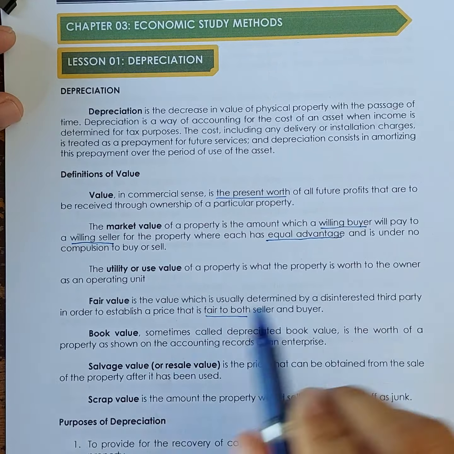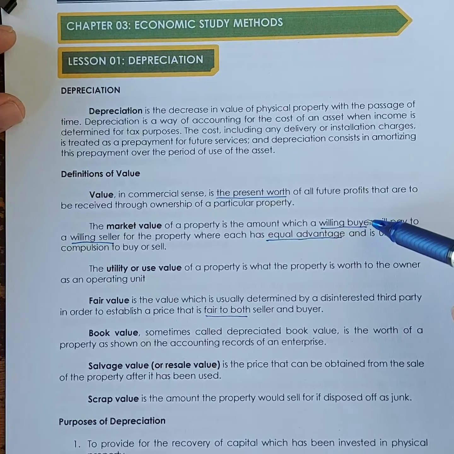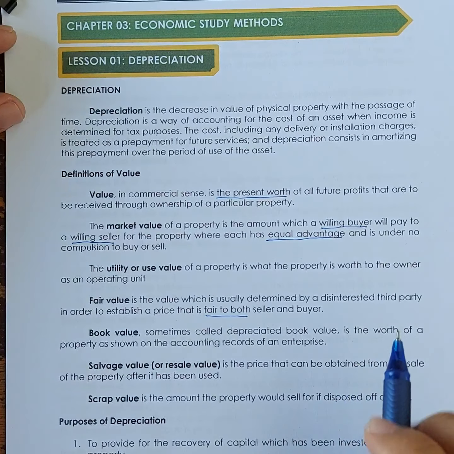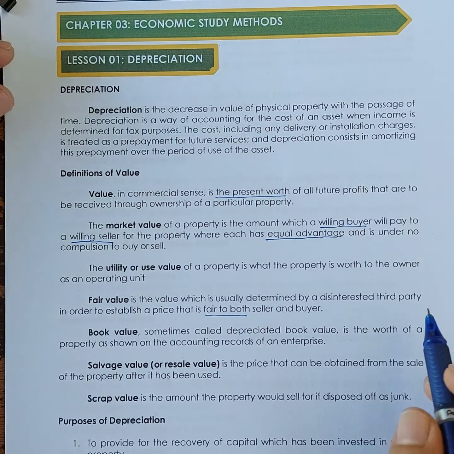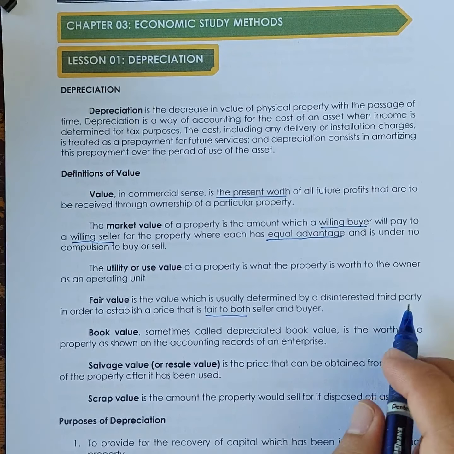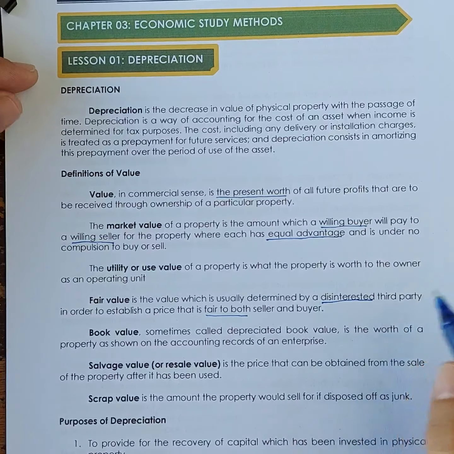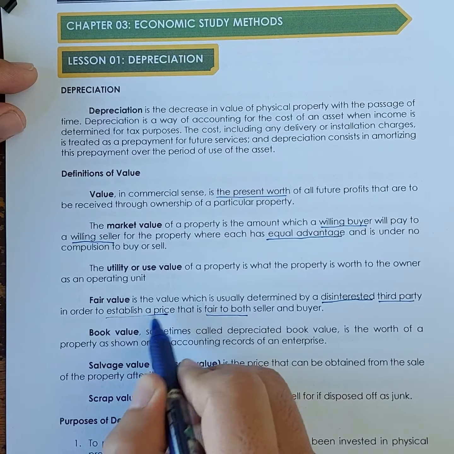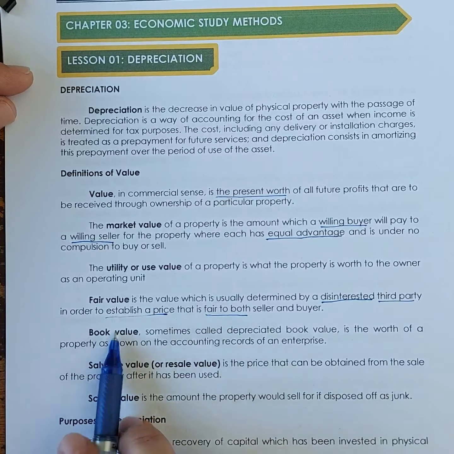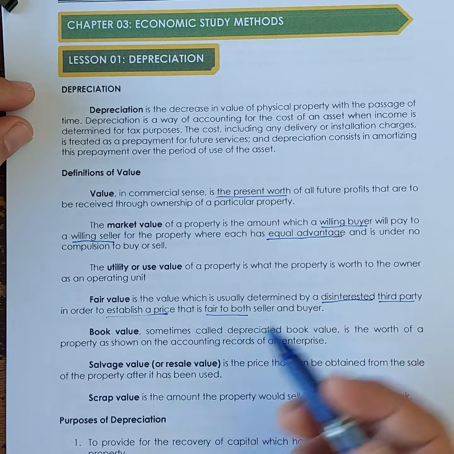So if the two parties, the willing buyer and the willing seller, don't agree to a certain price or amount, then they usually look for a disinterested third party, to avoid bias, in order to establish the price. Siya yung bibigay ng suggestion kung ano dapat yung presyo or amount ng property.